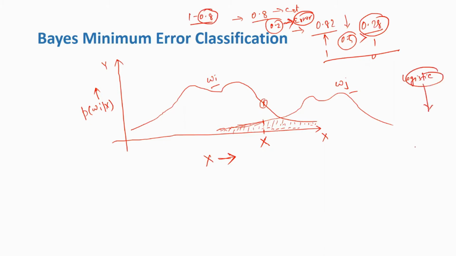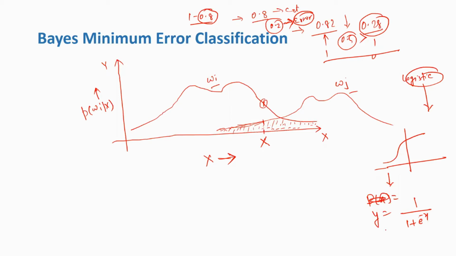So in logistic regression, we have the sigmoid function. Have you heard about this one, the sigmoid function? So what was y there? y is 1 by 1 plus e to the power minus x, right?